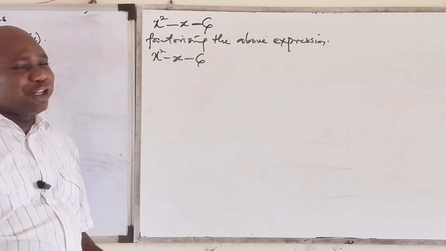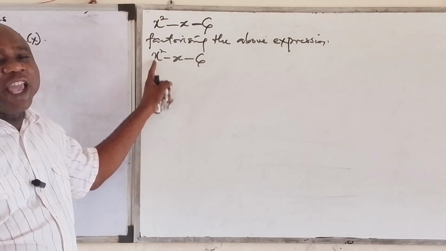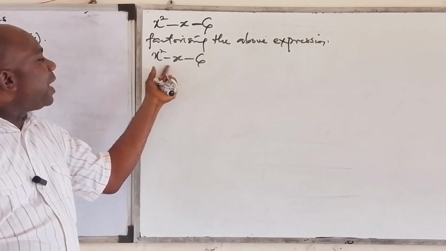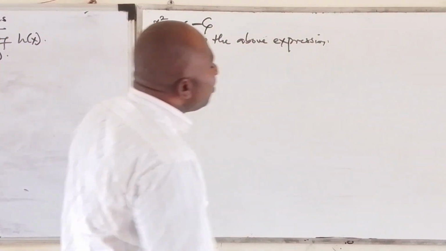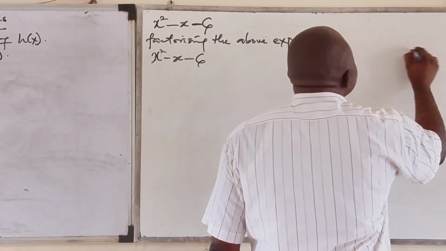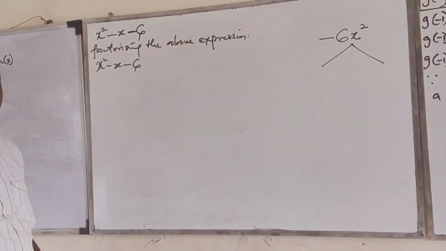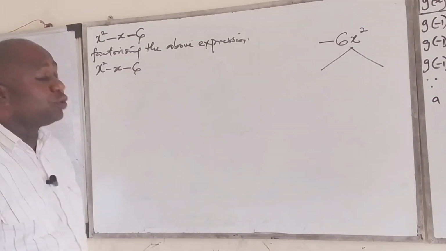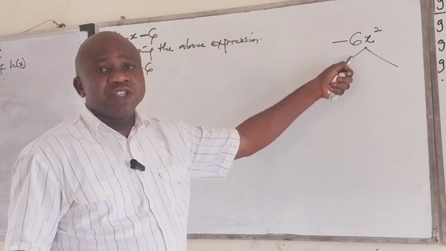If you look at this very closely, you'll see that the coefficient of x squared here is 1. So if you multiply the whole of this, x squared times minus 6, that will give us minus 6x squared. Now the next step: we are looking for two factors that when you multiply, give minus 6x squared.